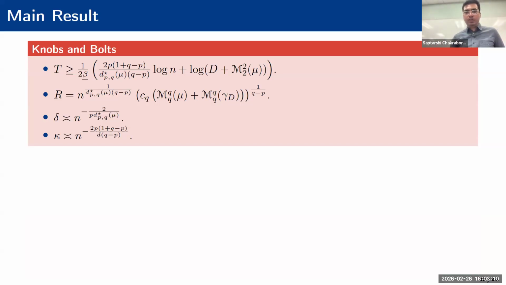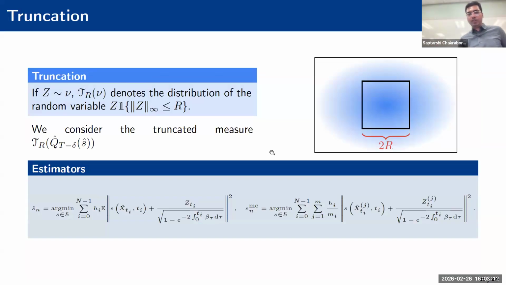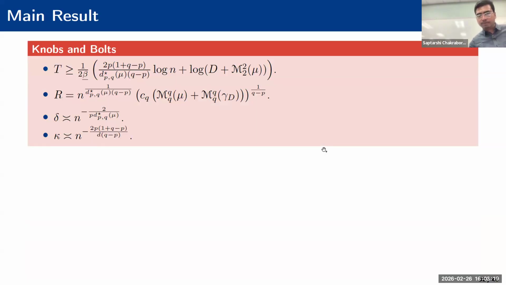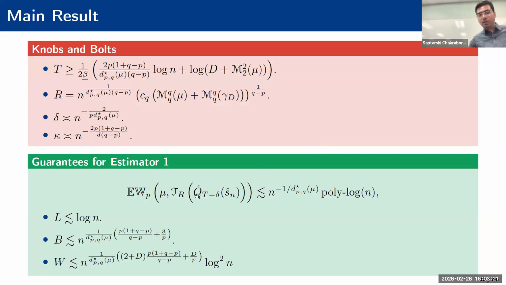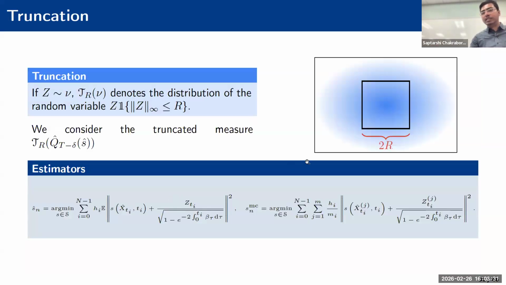R is the truncation in the reverse process. After reaching this Q hat T minus delta, we truncate at the R-th step, or we truncate at size R. Meaning that if the distribution gives mass outside this region, we just set it to 0.